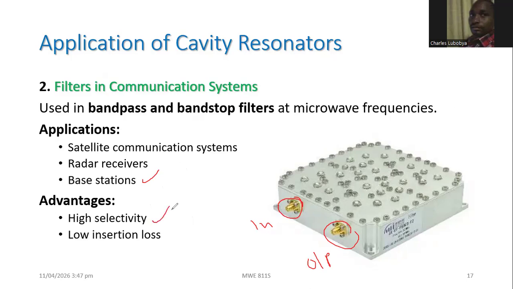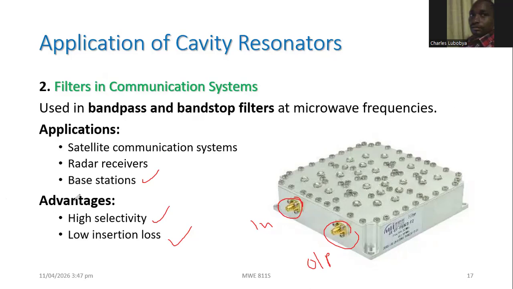They have high selectivity and low insertion losses, because you are not using active components like the actual inductors and capacitors. They can handle very high frequencies. You're also not using resistors, which may cause heating. Because of that, they are very efficient components to use at microwave frequencies.